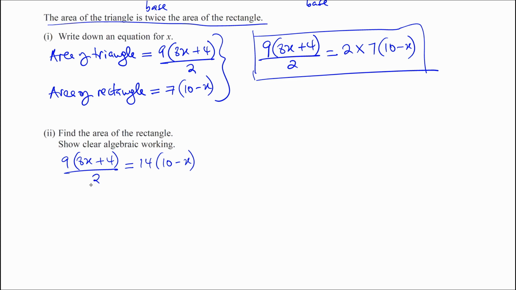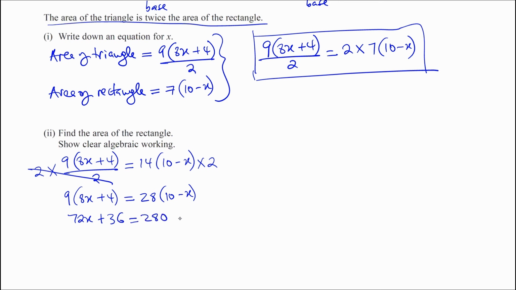The opposite of dividing by 2 is multiplying by 2, or you can just multiply both sides by 2 anyway. So we'll have 9 into 8x plus 4 will be equal to 14 multiplied by 2, that will be 28 into 10 minus x. And we can simplify that further. Well, we can just expand the brackets on both sides. So that will be 72x plus 36 will be equal to 280 minus 28x.